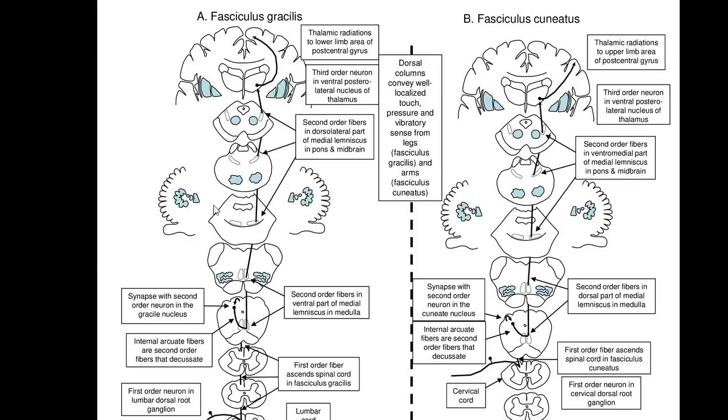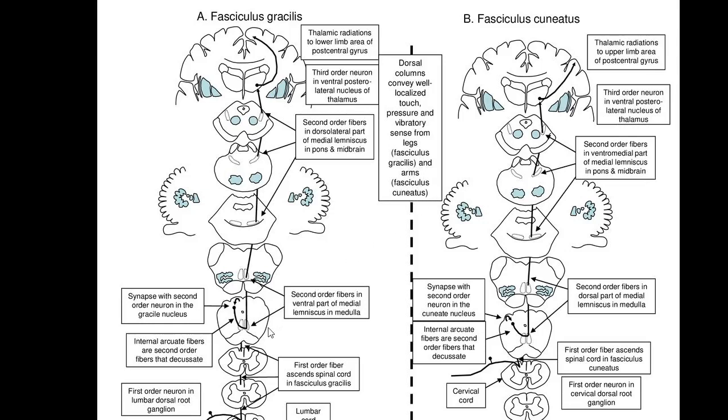Here you can see the pathway of the fasciculus gracilis and fasciculus cuneatus. As you know, this pathway is concerned with proprioception. Both these tracts are present in the dorsal column. They convey well localized touch, pressure, and vibratory sense from legs, that is the fasciculus gracilis, and from arms, that is the fasciculus cuneatus.